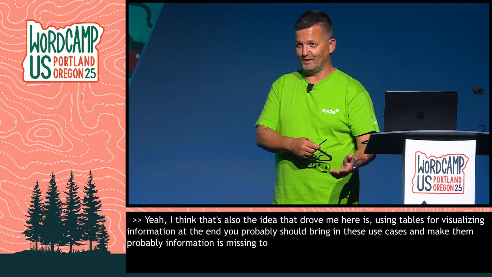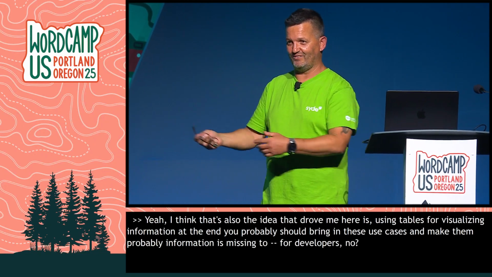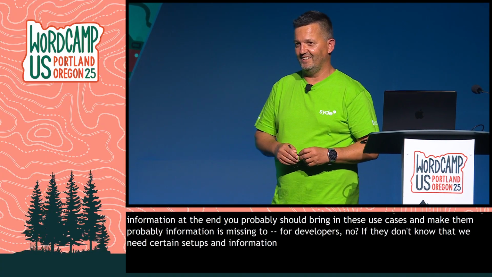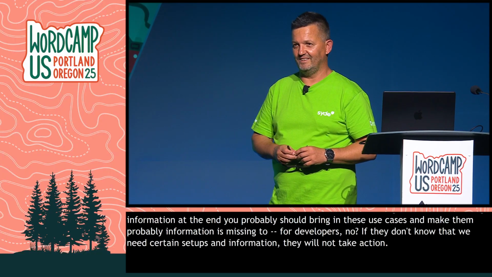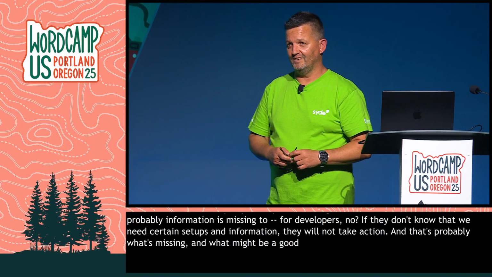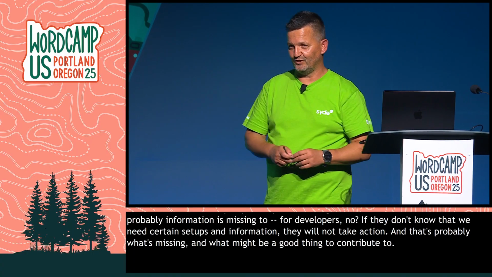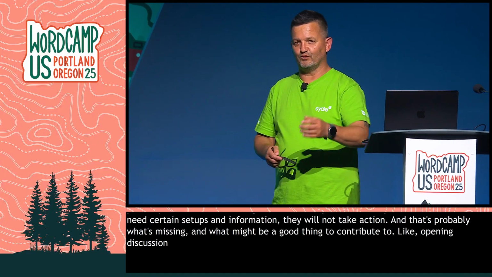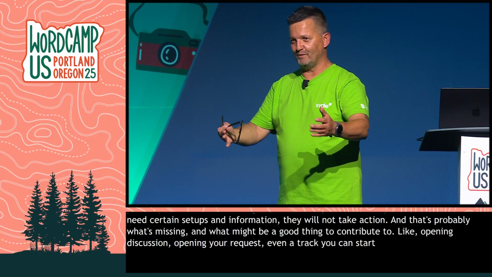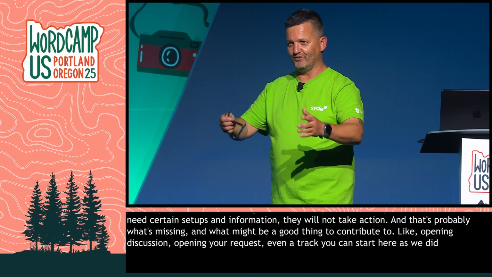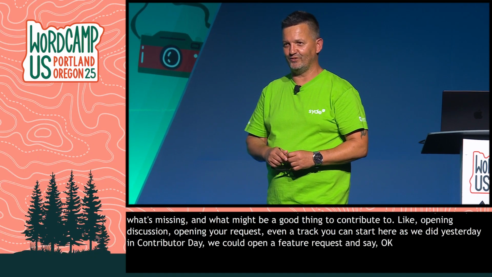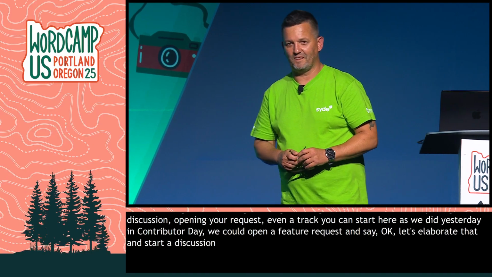If they don't know that we need certain setups and information, they will not take action here, and that's probably what's missing and what might be a good thing to contribute to, like opening a discussion or a feature request, even a Trac ticket. You can start there, as we did yesterday in the contributor day. We just opened a feature request, said let's elaborate on that and start a discussion. Maybe you should do that and describe your use case. Thank you.